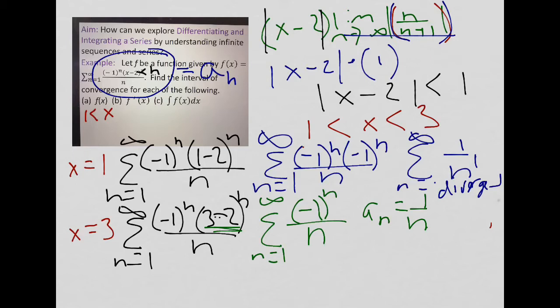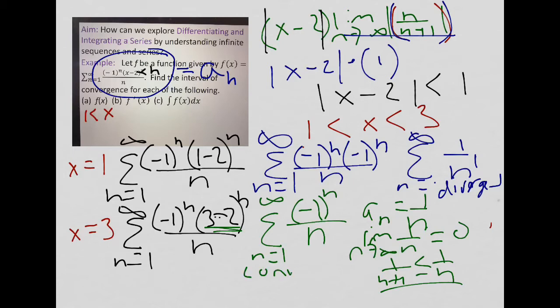We're going to take the limit of this expression and make sure it's equal to 0, and it is. And then we're also going to check to see if our n plus 1th term is less than or equal to our nth term based on the denominators. This is true, so this is converging.